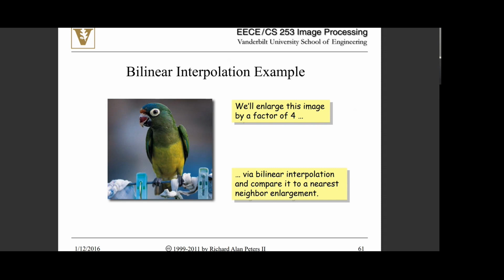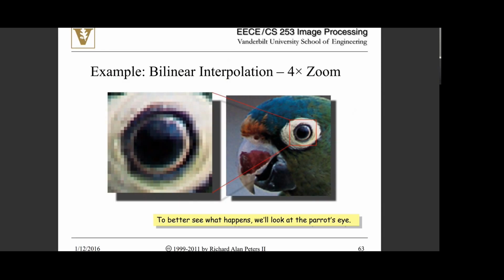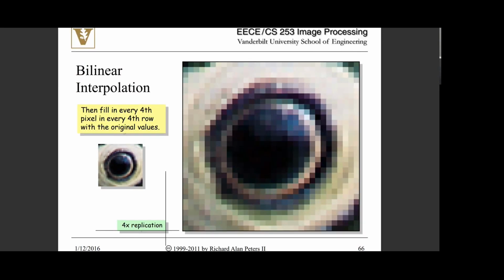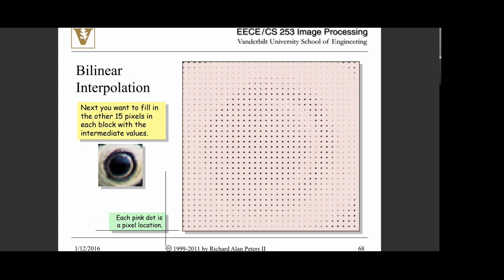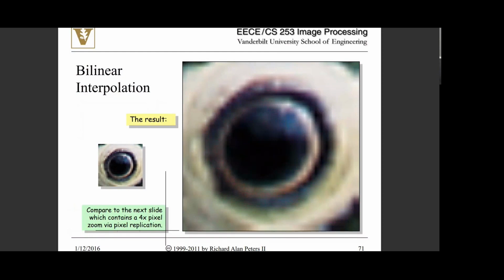Then we'll take this image and enlarge it by a factor of 4 and compare bilinear and nearest neighbor. This is nearest neighbor. We first do the upsampling, and this is the result with replication. This is nearest neighbor, and this is the result if you do a bilinear interpolation.